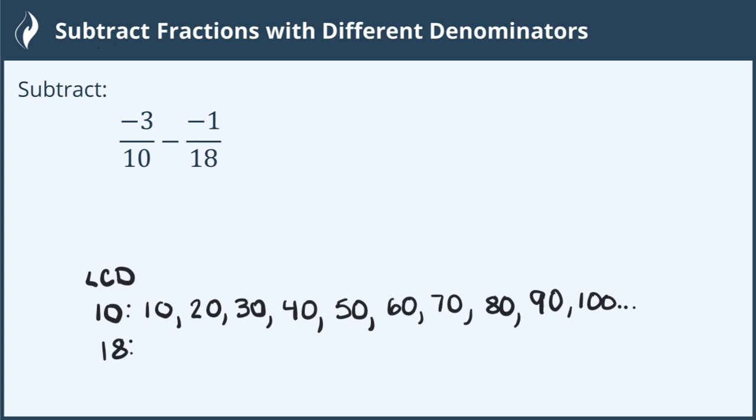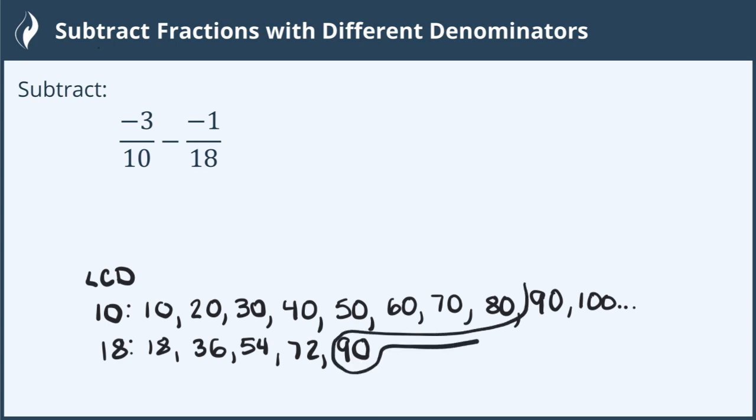All right, now let's go ahead and find the multiples of 18 and see if we have anything in common. 18 times 1 is 18. 18 times 2 is 36. 18 times 3 is 54. 18 times 4 is 72. 18 times 5 is 90, and that is in common.